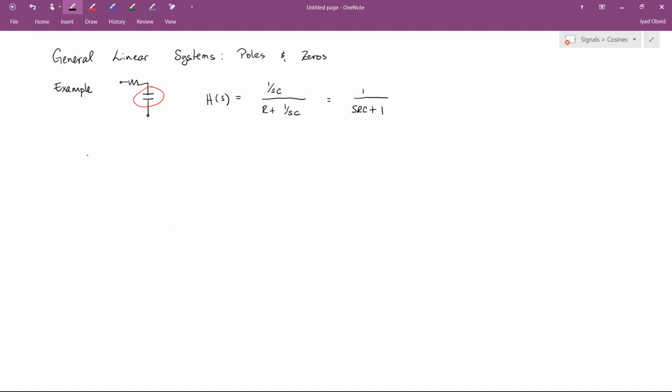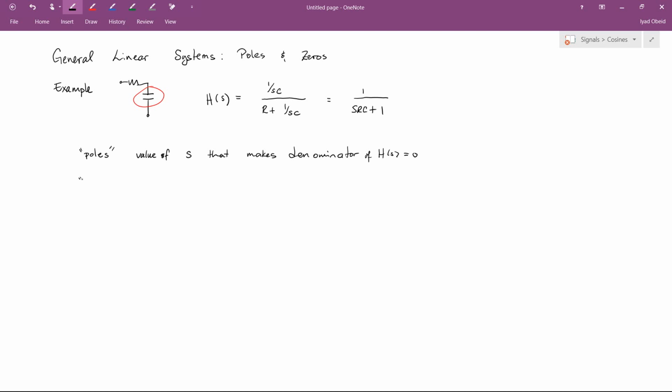So one thing that we're going to get in the habit of doing is whenever we have a linear system, we're going to think about the poles. And the poles are, by definition, any value of s that makes the denominator of H(s) equal 0.